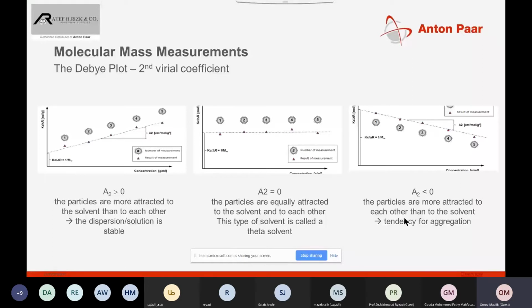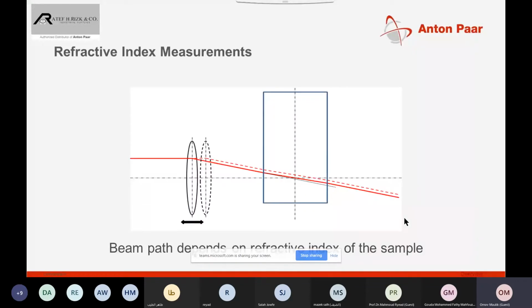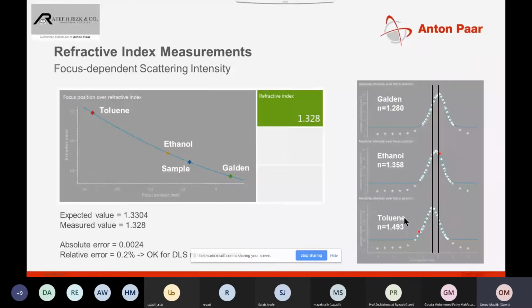Another method we have is refractive index measurement, which is basically for a solvent, not for the material or the particles itself, and it is based on simple, you may say, chemometric, meaning regression analysis, I would say. So in this case, you have different standards.